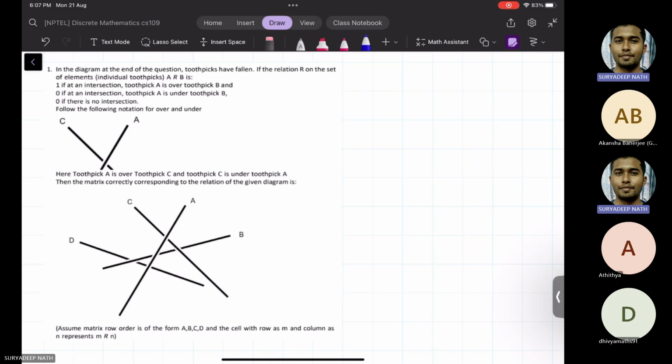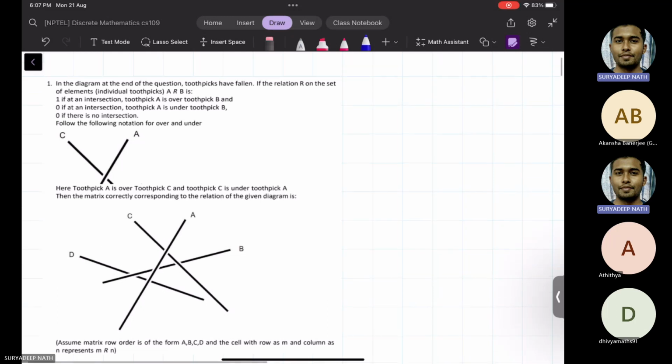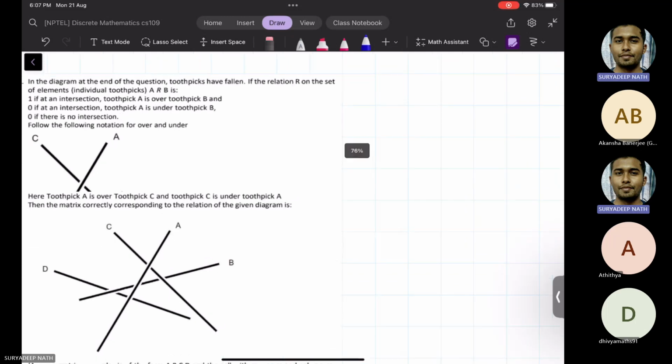All right then, so let us get started. This is the first question. Given in the diagram at the end of the question, toothpicks have fallen.